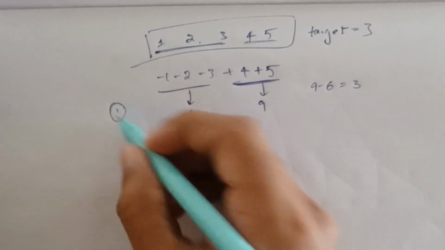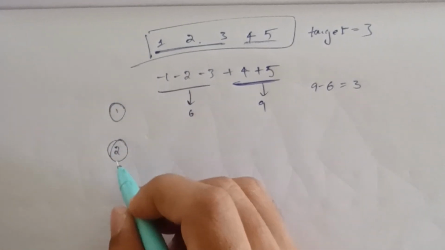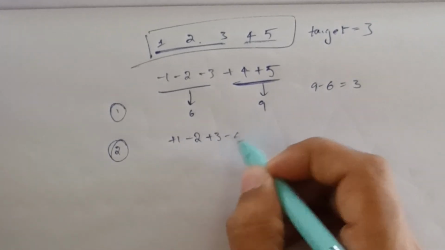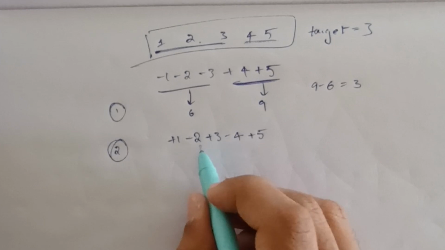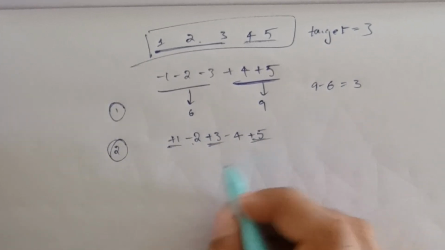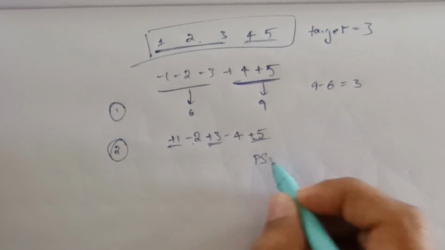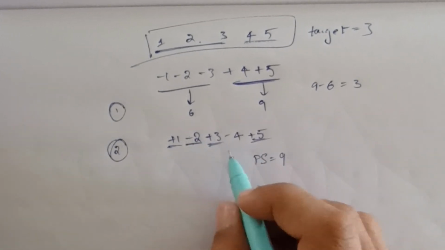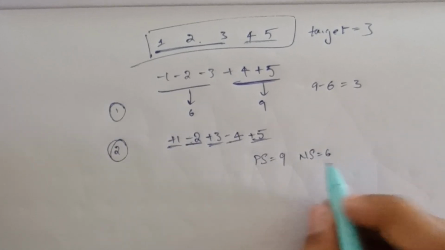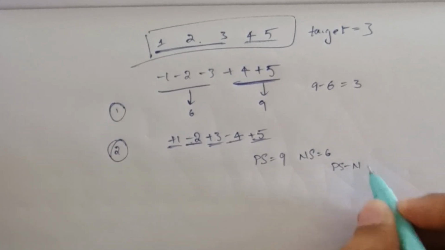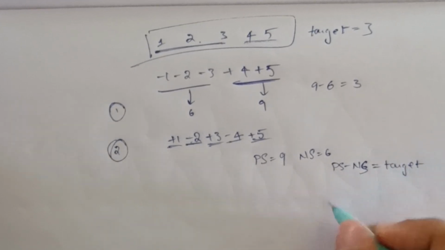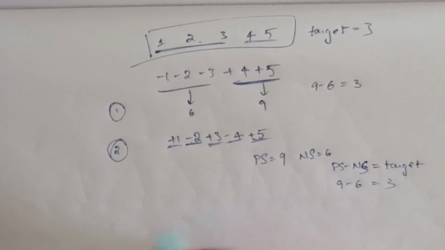This is one correct approach. Second: +1, -2, +3, -4, +5. Take all the positive values: 1, 3, 5, that is positive sum 9. The negative sum: -2, -4, that is 6. Positive sum minus negative sum is target. That means 9 minus 6 is equal to 3.